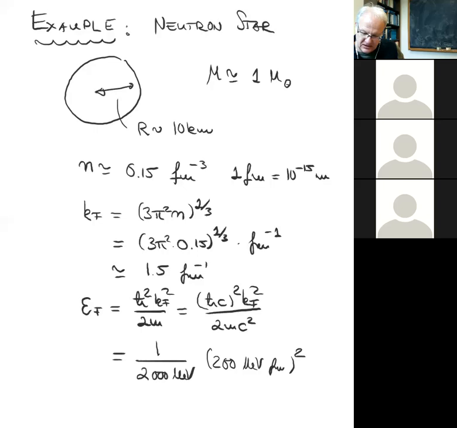And then we saw that k Fermi was 1.5. So that's times 1.5 inverse Fermi, and that whole thing squared. So now you see that this is actually all very ordinary numbers. So obviously the Fermis cancel. There's 2 powers of MeV here and 1 power of MeV in the denominator.